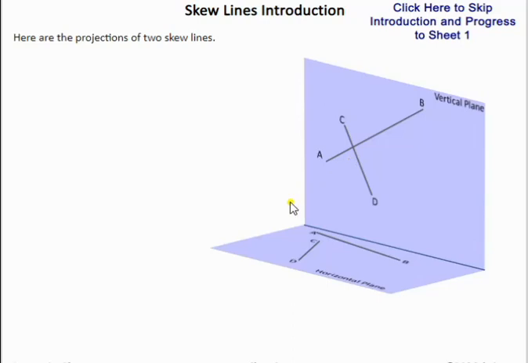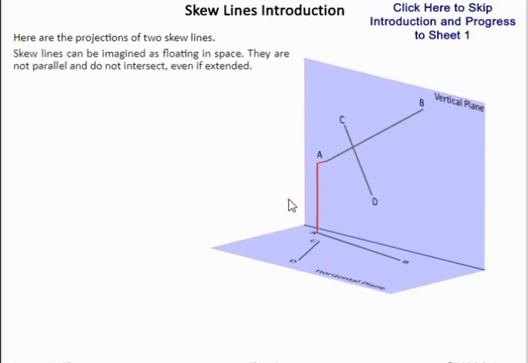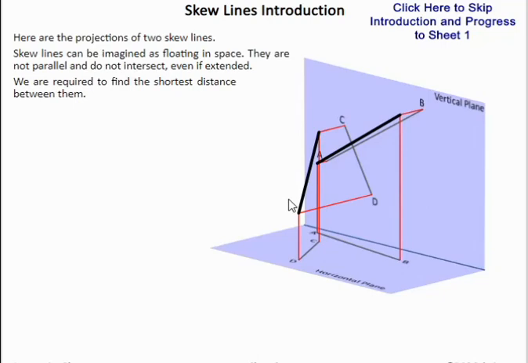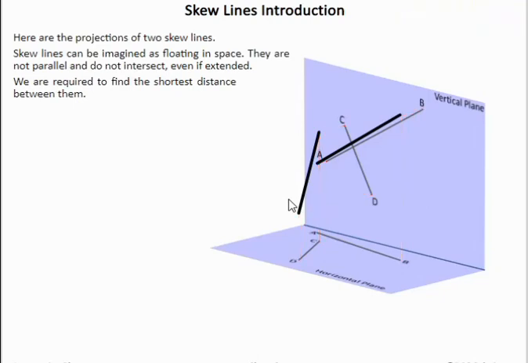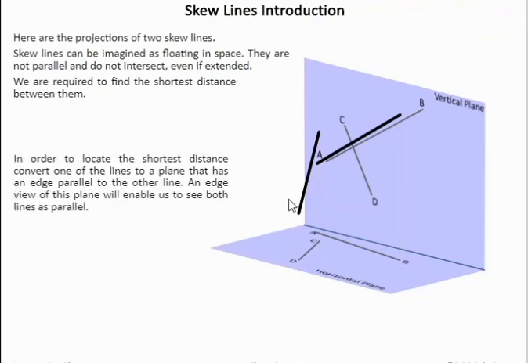Just to start off here, we have a 3D graphic showing the two skew lines represented in 3D floating in air. So we have AB and we have CD, and we have the elevation on the vertical plane and the plan on the horizontal plane.